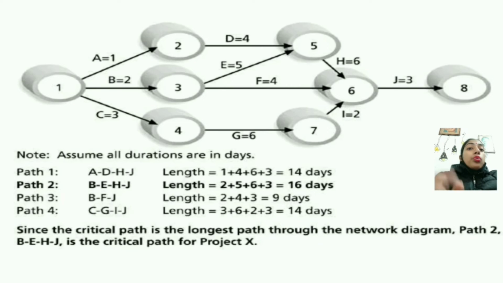As we know, the critical path is the longest path throughout the diagram. So what is the critical path for us? The critical path will be path 2, that is B-E-H-J, the critical path for project X. Why? Because it is the longest path in this diagram.